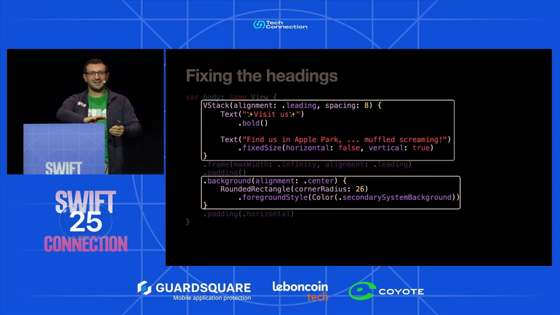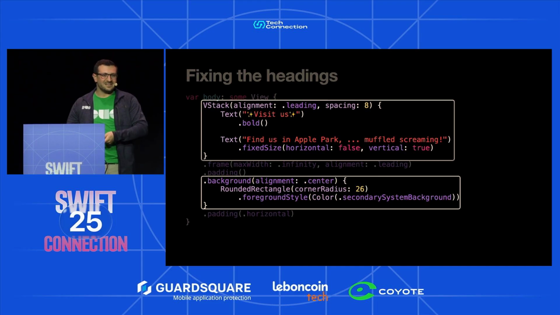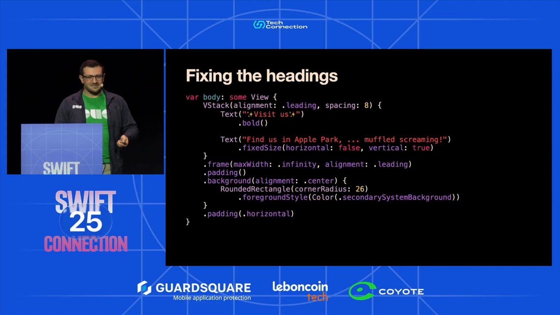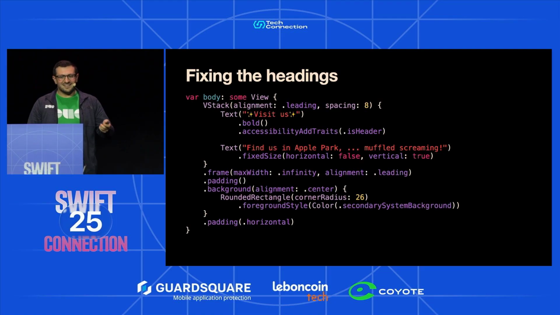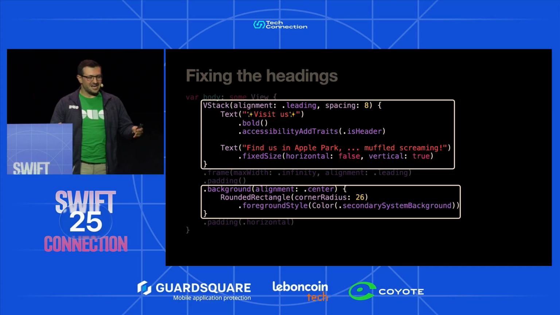And then we're putting that on a background of a rounded rectangle, right? So how do we make it a heading? There is a simple way that we can mark this as a heading manually. And we can go ahead and do that. And that does work. It does get the job done.